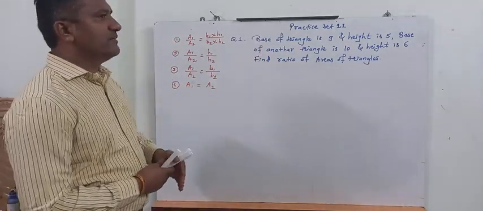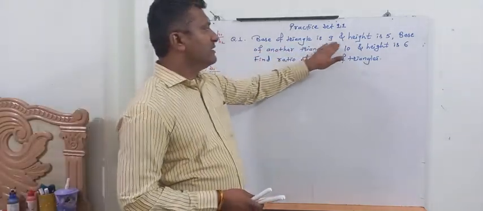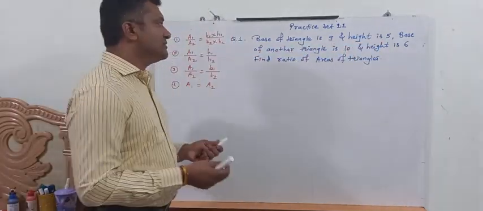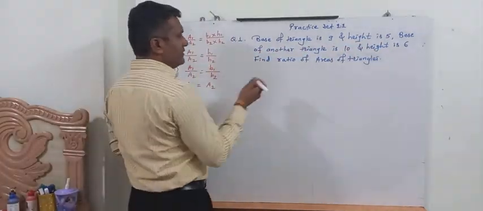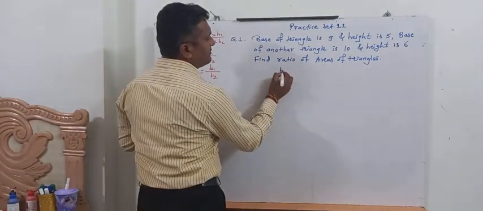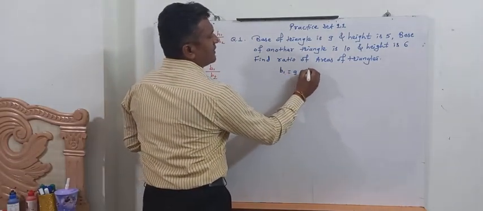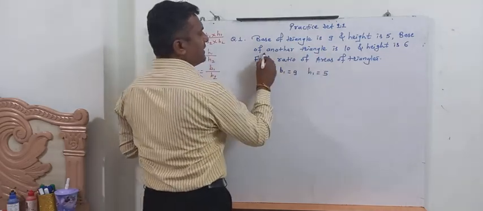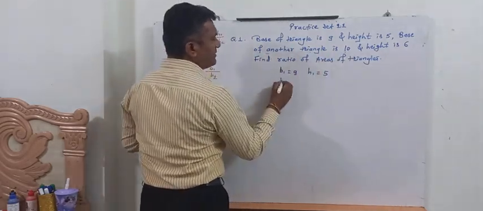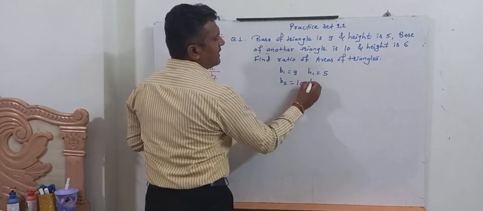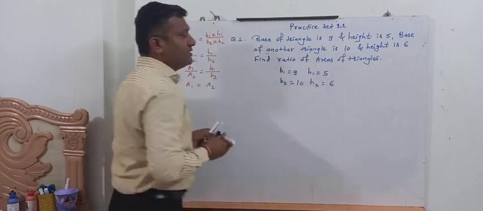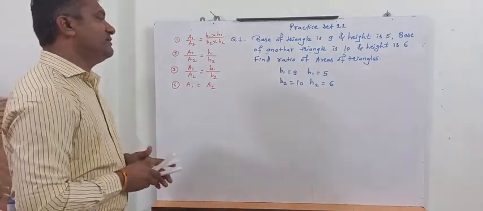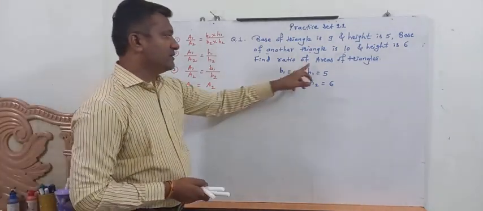Now the application of these four properties while solving the sums from practice set 1.1. Look at the first sum given there. The base of the triangle is 9 and height is 5. So we'll consider that this is the first triangle A1, right? So B1 equals 9 and H1 equals 5. Similarly, the second triangle, another triangle, has base B2 equal to 10 and height H2 equal to 6. Now we want to find the ratio of areas of two triangles.